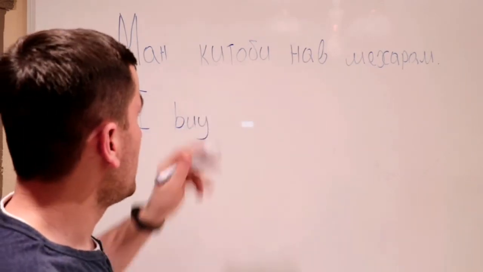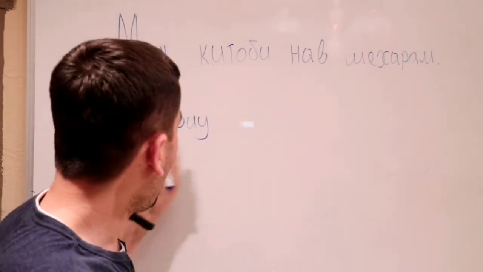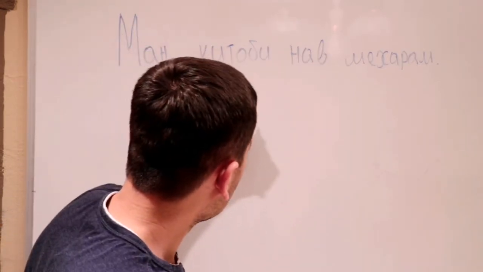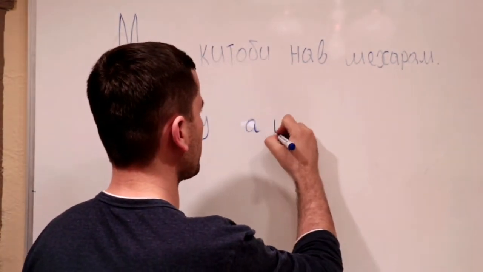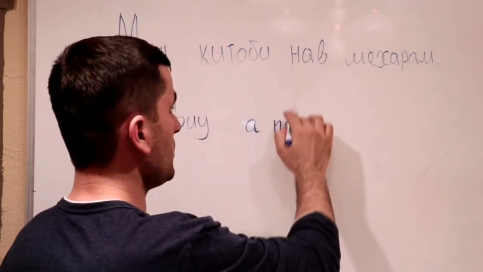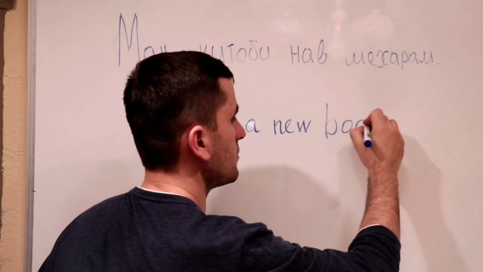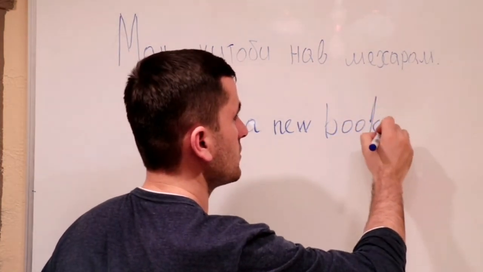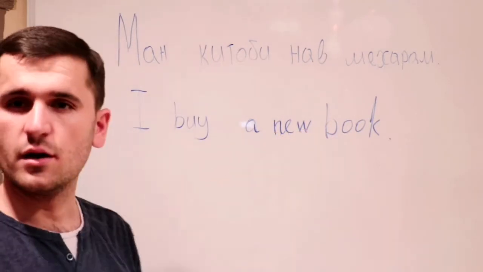I buy, we put the adjective first, then a noun. So I buy a, wait a moment, a new, then book. So that's all, yeah. Look, I buy a new book.